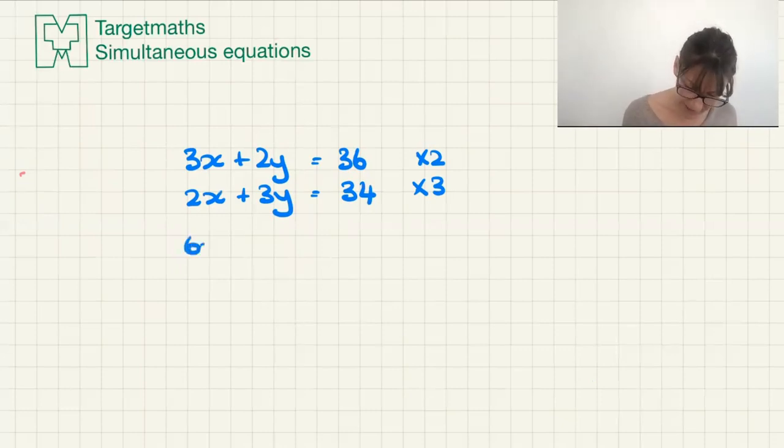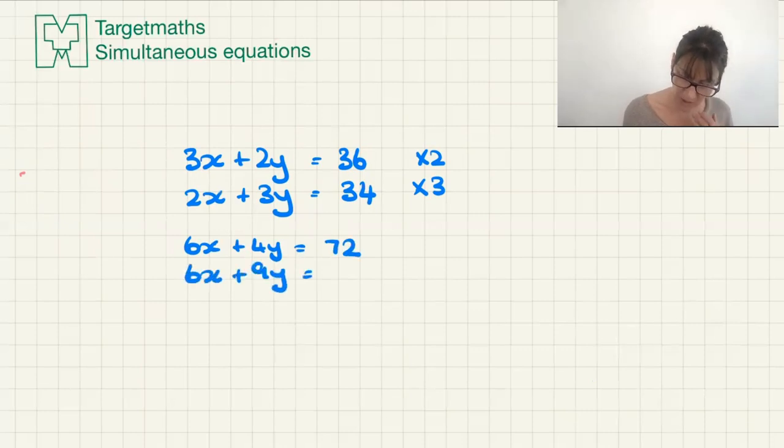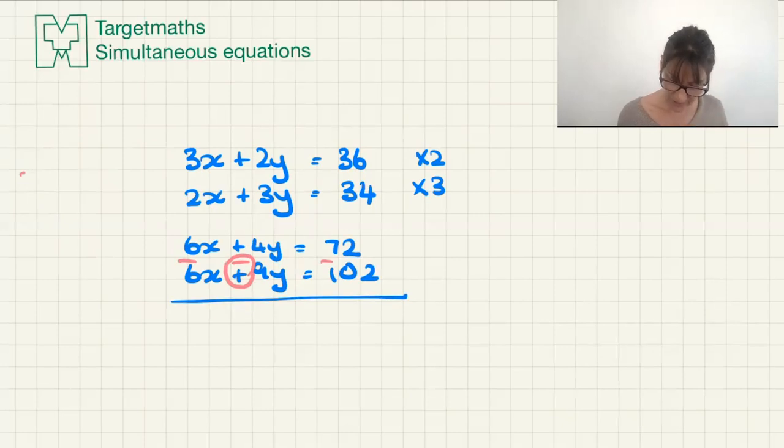So that's going to give me 6x plus 4y equals 72. And it's going to give me 6x plus 9y equals 102. I'm going to do my take, and I'm going to do my circle here. 6x takes 6x. The x's have gone.